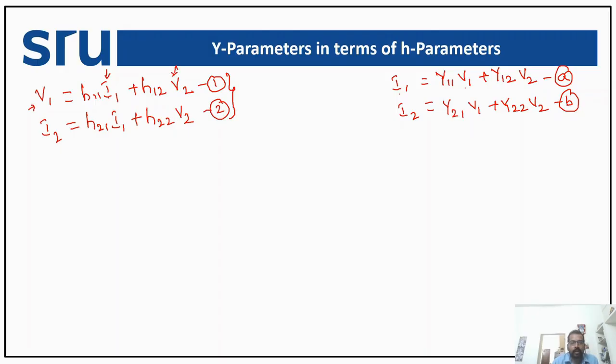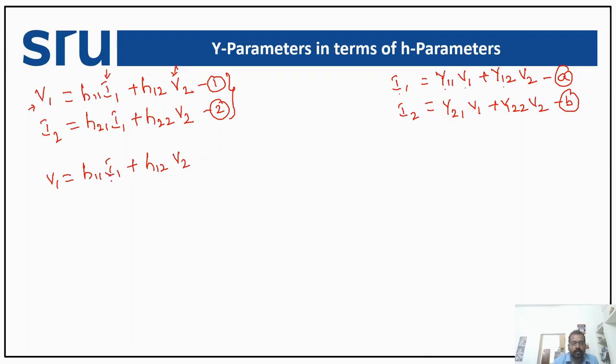So if we try to rearrange this particular equation 1 in terms of equation A, we are going to get Y11 and Y12. Let us take or rewrite equation 1, that is V1 equal to H11 I1 plus H12 V2.